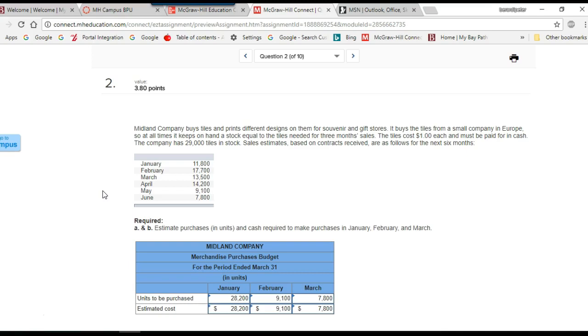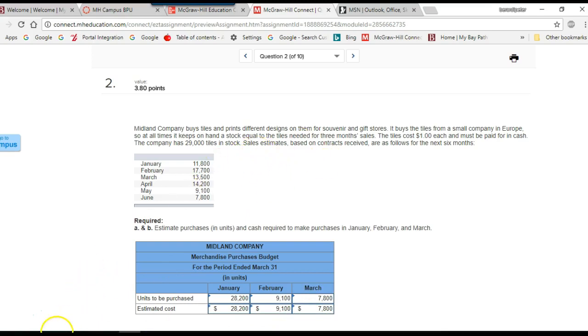The company has 29,000 tiles in stock. Sales estimates, which are right here, based on contracts received, are as follows. Estimate purchases in units, cash required to make purchases for January, February, March. This problem basically is an inventory T account approach.